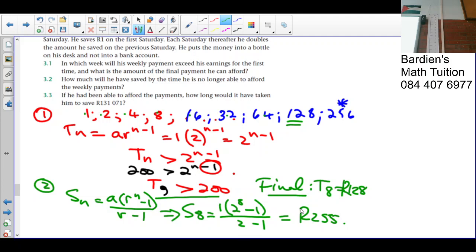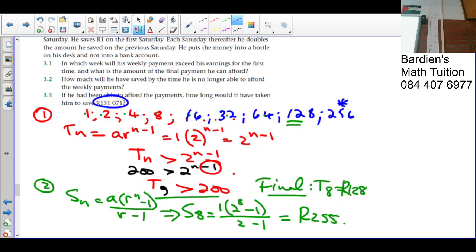Then in 3.3, we are told that if he had been able to afford the payments, how long would it have taken him to save 131,071 rand? So are we going to set this equal to Sn, or are we going to set this value equal to Tn?